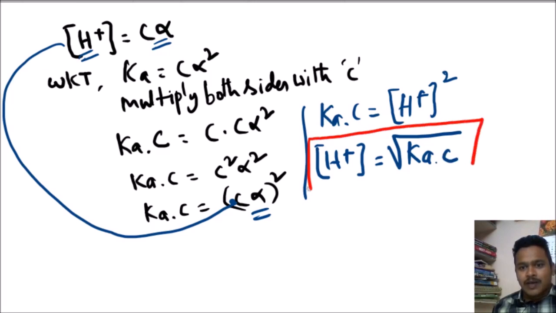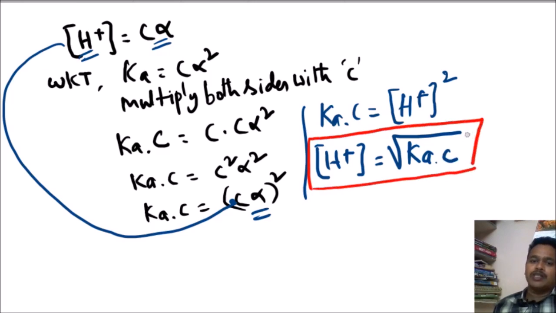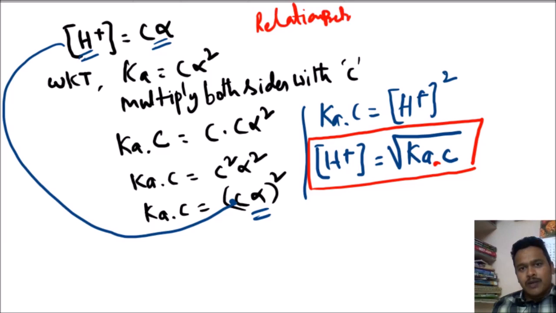Here, by Ostwald dilution law, we are finding the H plus ion concentration in terms of Ka, the dissociation constant, and the concentration. So finally, what you have derived is a relation between Ka, C, alpha and H plus.